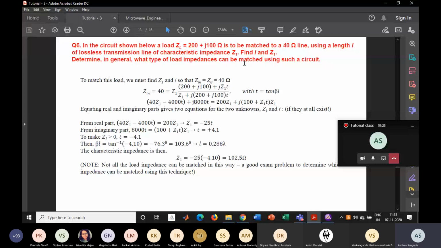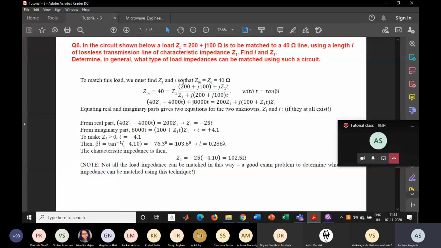So you know the telegrapher's equation. Just put the values there. To match this load, we must find Z1 and L. So Zin we know is 40 ohm as given. The equation is Zin equals Z naught times (ZL plus j Z naught tan beta L) divided by (Z naught plus j ZL).